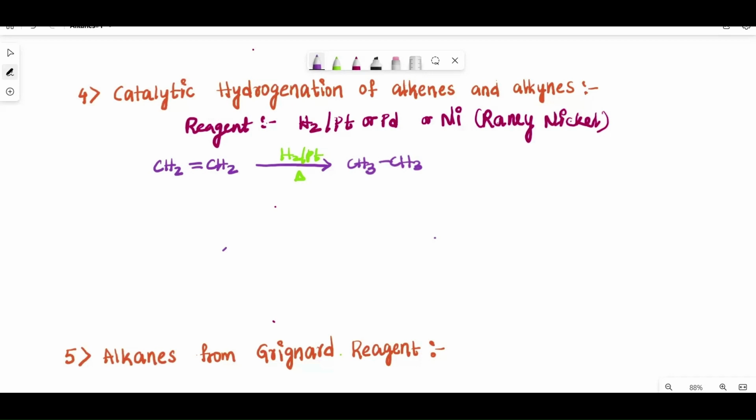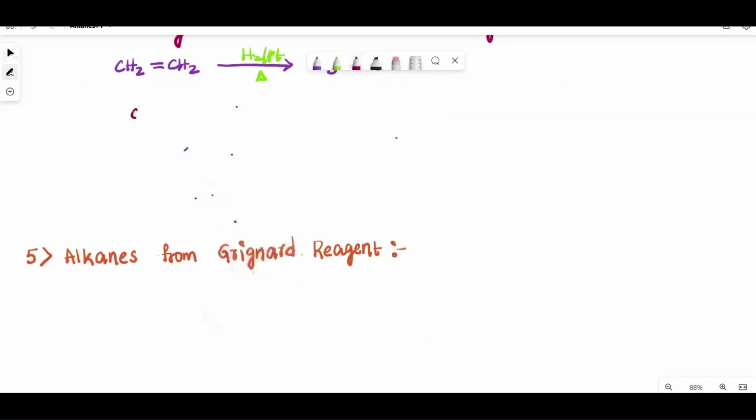Likewise, from alkyne also we will get alkane in the same way. Let's see an example for that also. CH triple bond CH. From alkyne also we can prepare alkane by using H2, platinum in the presence of heat. Then we will get alkane.